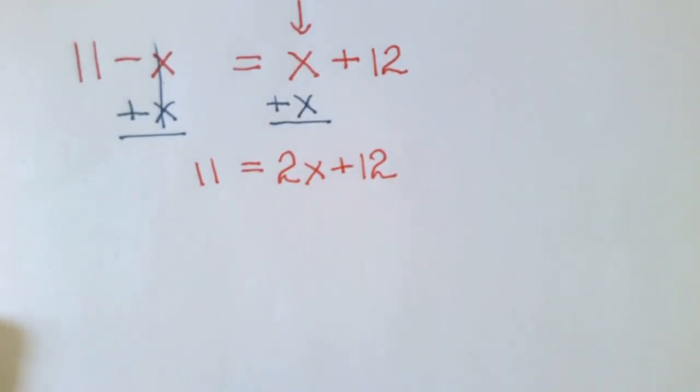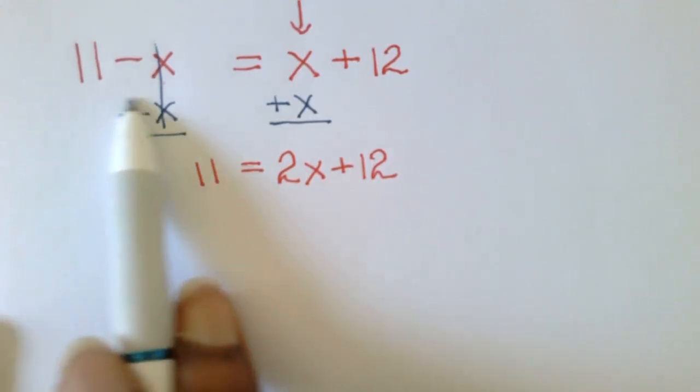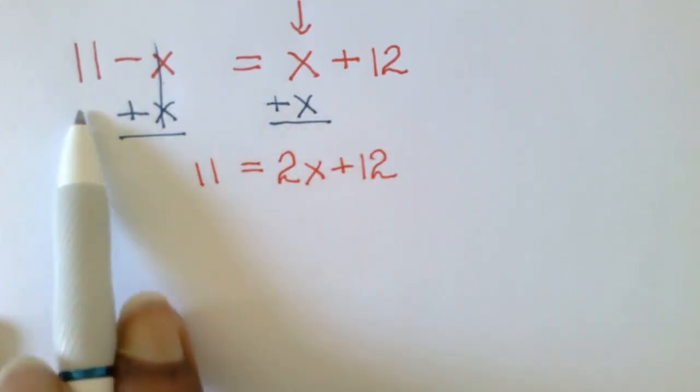Okay, so now we already know that our 2x is staying right where it is. So that means this 12 needs to come to the other side. The whole goal of solving equations is trying to figure out what number is going to replace the x to make this into a true statement.